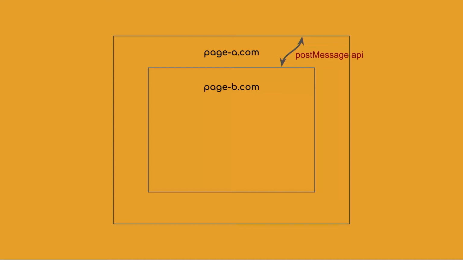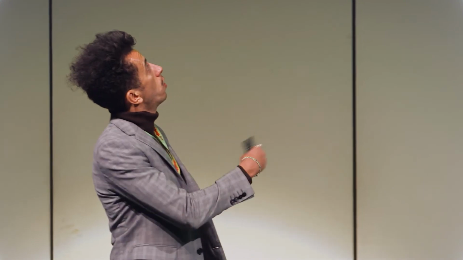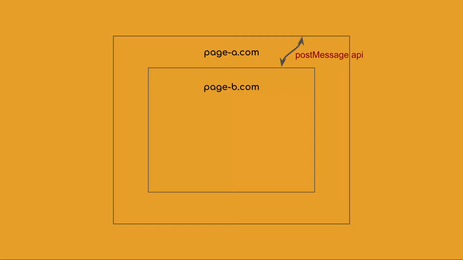So this provides a complete isolation for page B from page A, and also the same the other way around. So you are sure that nothing is going to affect page B in this case.